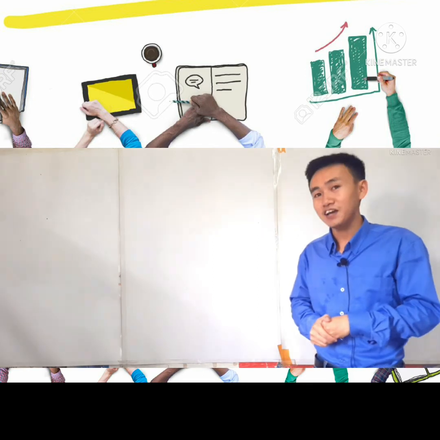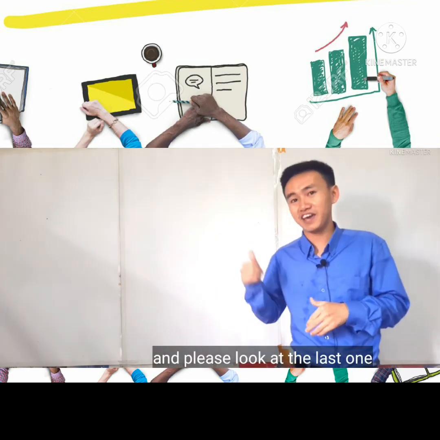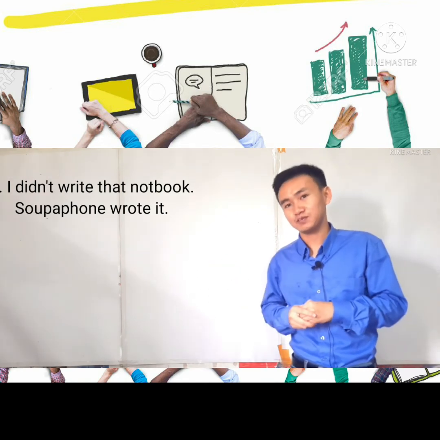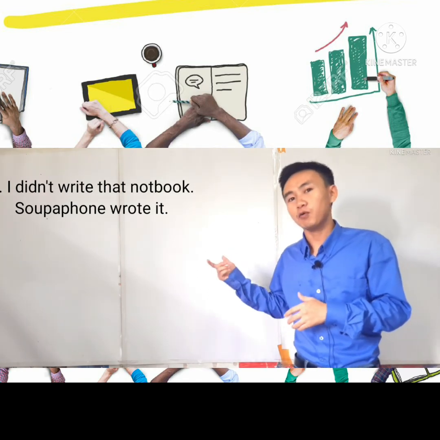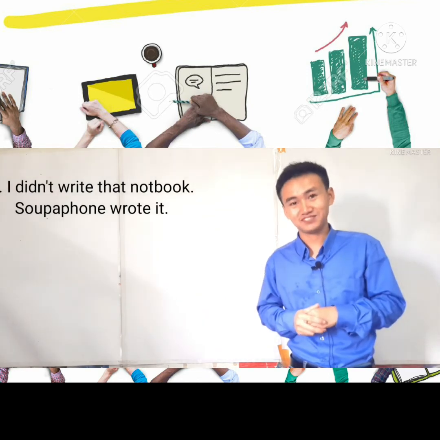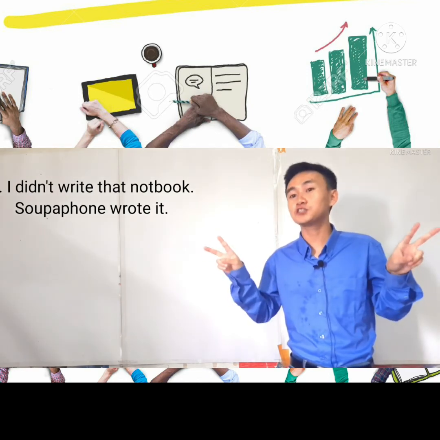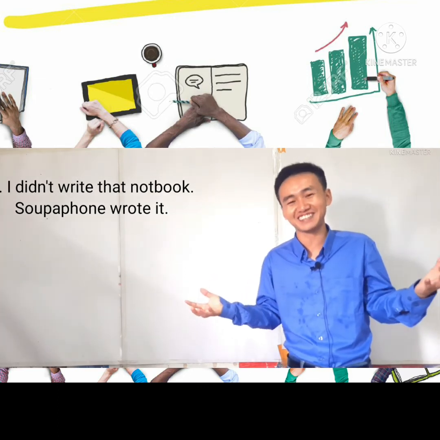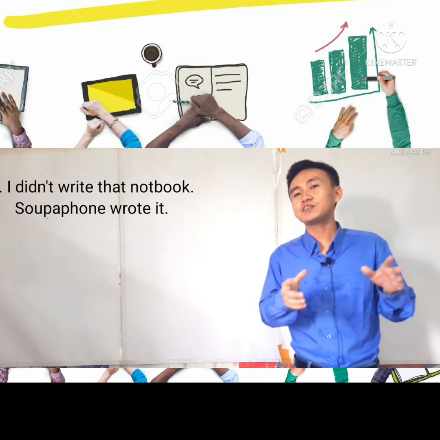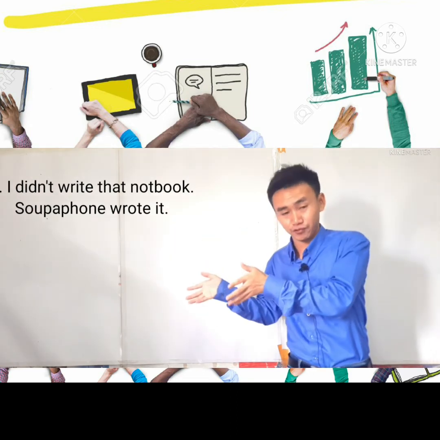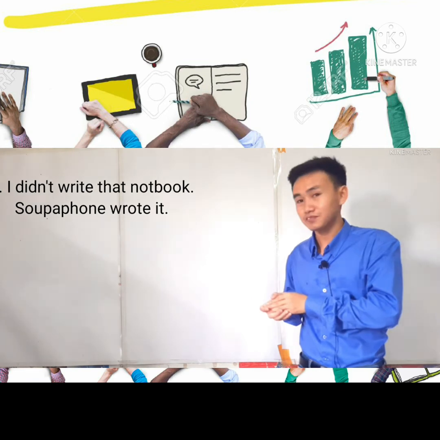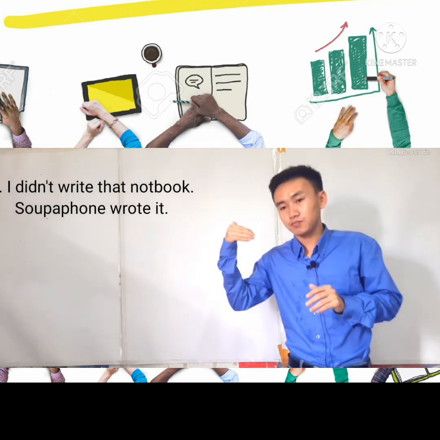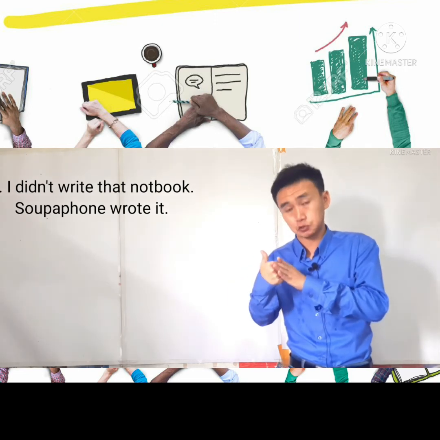All right. And please look at the last one, number 8. I didn't write that notebook. Superpon wrote it. In this one, there are two sentences, right? And how is this changed? Change the first sentence first, and the second after. Like this. When we change to the past, we also need the verb to be.